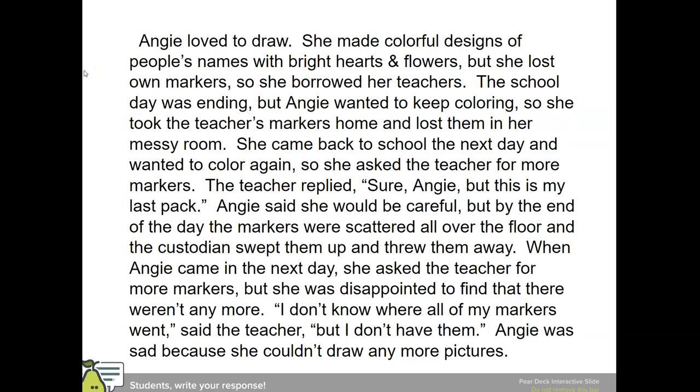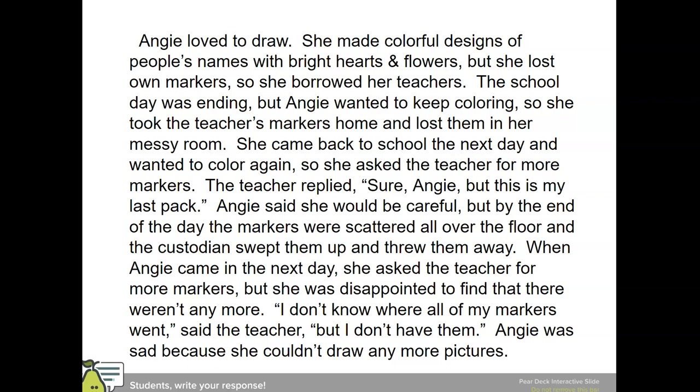Angie loved to draw. She made colorful designs of people's names with bright hearts and flowers, but she lost her own markers, so she borrowed her teacher's. The school day was ending, but Angie wanted to keep coloring, so she took the teacher's markers home and lost them in her messy room. She came back to school the next day and wanted to color again, so she asked the teacher for more markers. The teacher replied, "Sure, Angie, but this is my last pack."